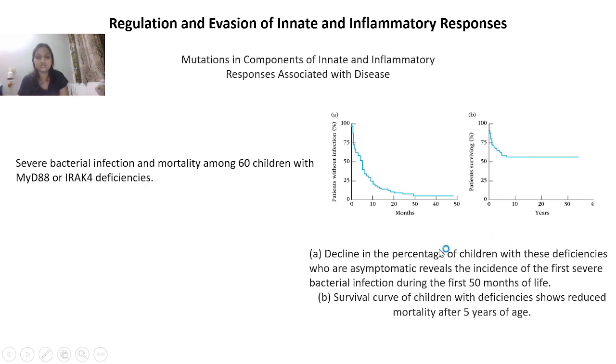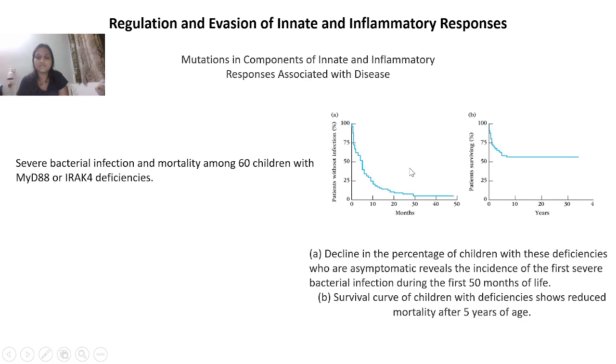What was seen is that 60 children had a deficiency in these two proteins, and these children were severely affected by bacterial infection, and in many children the rate of mortality was also seen.